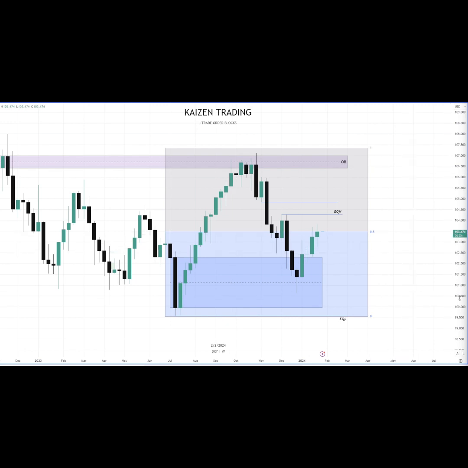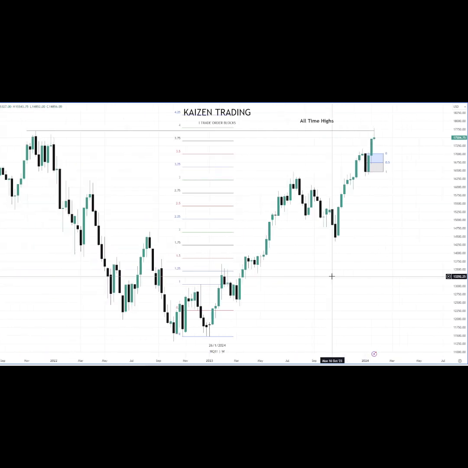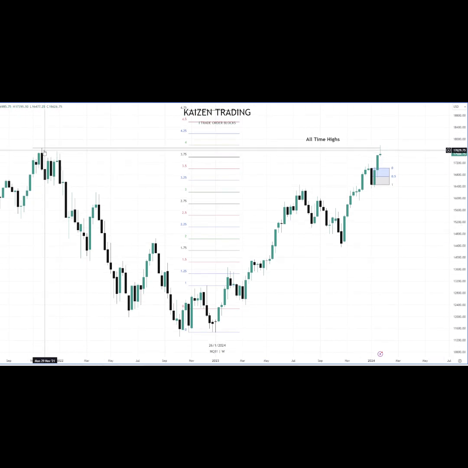All right, let's move on to NQ. Okay, NQ weekly chart, all-time highs. Here's our manipulation leg that takes liquidity.